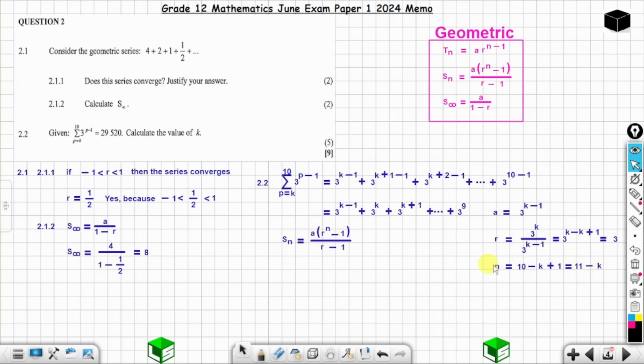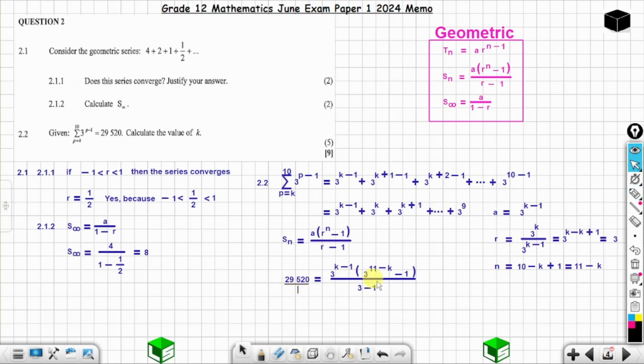Okay, let's find k. So Sn is given. You have Sn 29,520. This is equal to, you plug everything that you have into the formula. Remember, this is over 1.